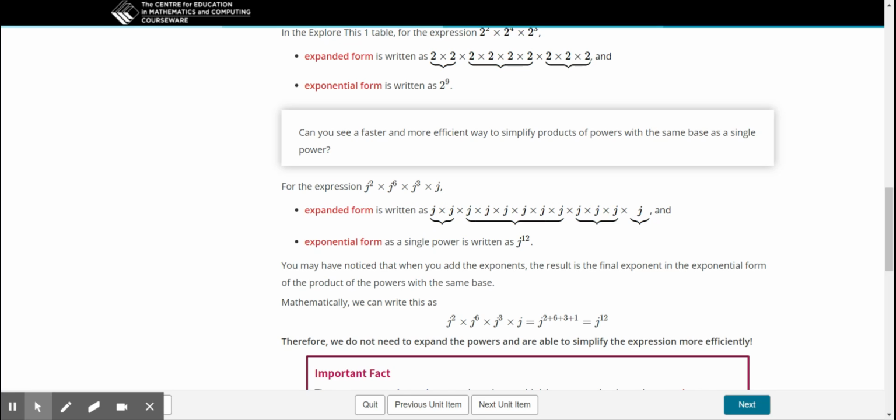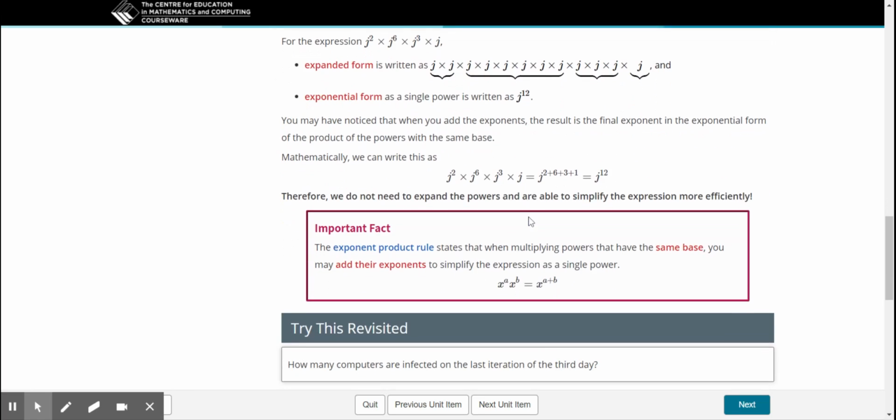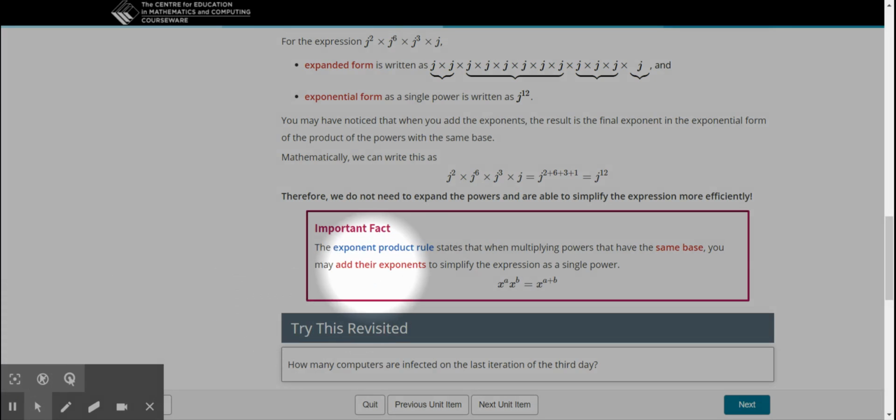And we can see that at the end, this is equivalent to j to the exponent 12. Probably by now you figured out that what we are doing is really equivalent to adding the exponents. And that is the key idea for this session.